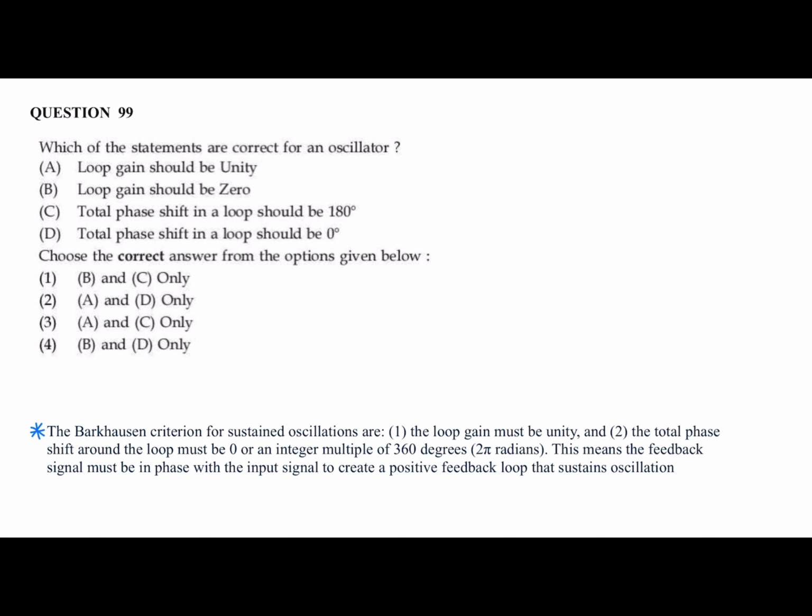So correct options are the loop gain should be unity, and total phase shift is 0 degrees or 360 degrees or 2 pi radians, where the feedback signal is in phase with the input signal to create a positive feedback. Correct statements are A and D. Correct option is 2.